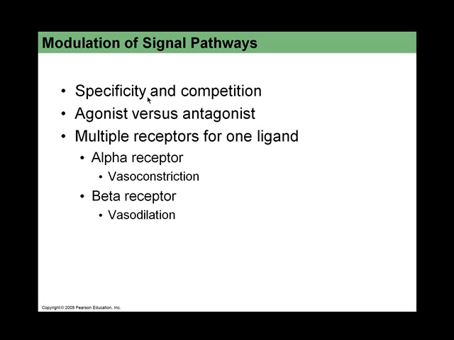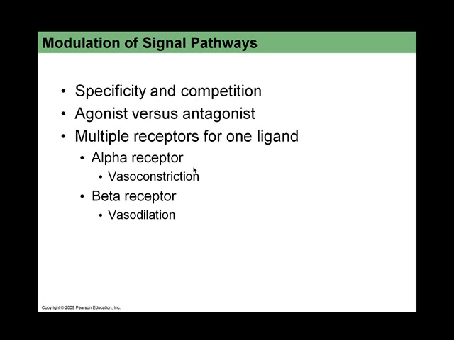So we need to think about specificity and competition, agonist acting agents versus those that act in the opposite direction as antagonists, multiple receptors for one ligand, so more than one gene to produce a set of proteins that can be specific for a particular agonist or ligand, but have different effects, such as the alpha receptor for the adrenergic molecules, such as norepinephrine and epinephrine, the accepted terms for those substances.